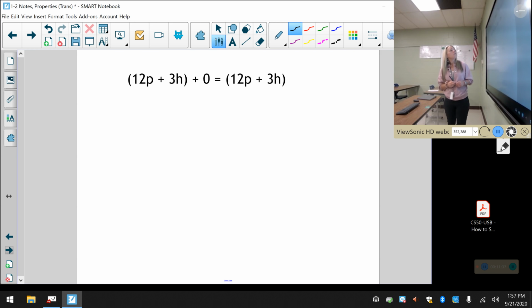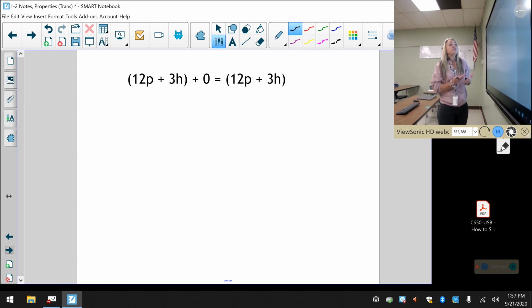Now, 12 times p plus 3h plus 0 equals 12p plus 3h. Now, notice we have a plus 0. We also have parentheses and we also have some addition, but the order doesn't change. And what else doesn't change is I see the parentheses here are still making me add the same things. Here I'm adding 12p plus 3h, and here I'm adding 12p plus 3h. That's not changing.